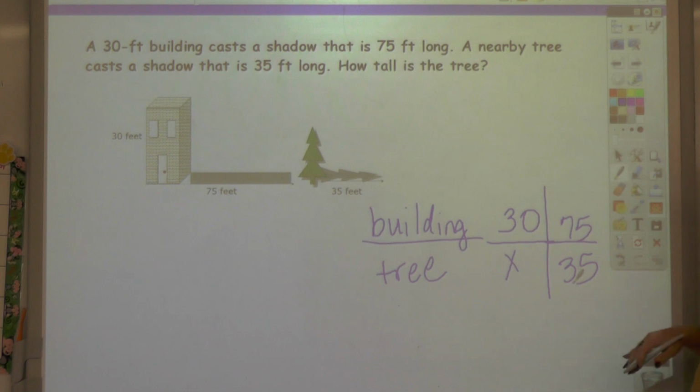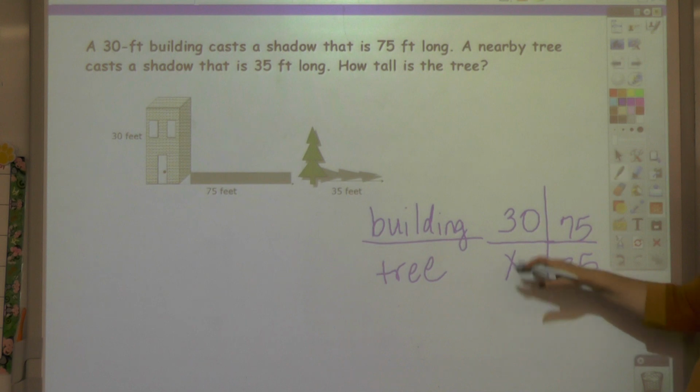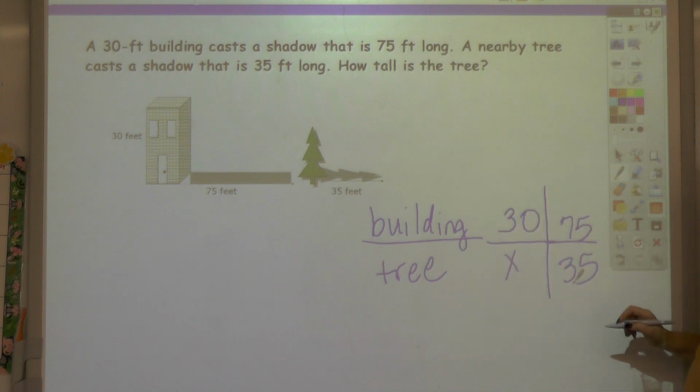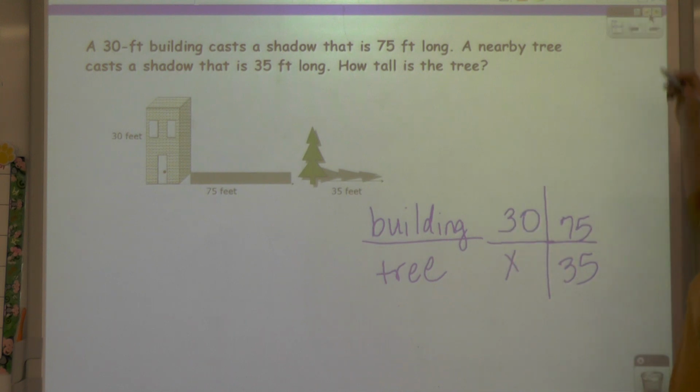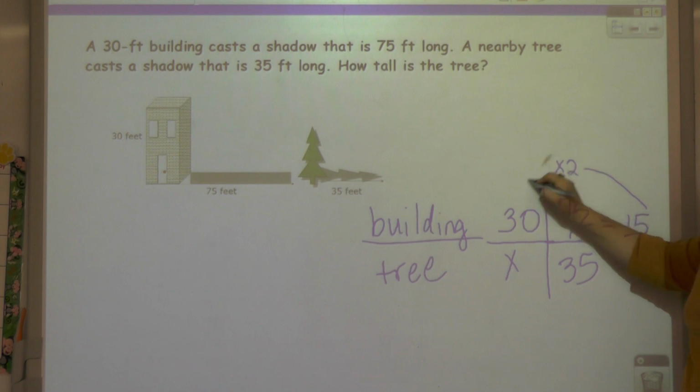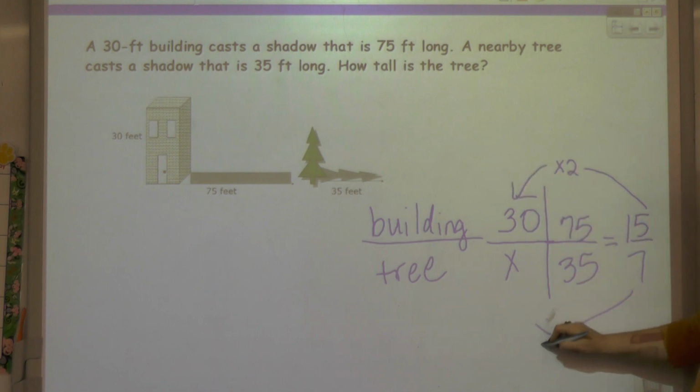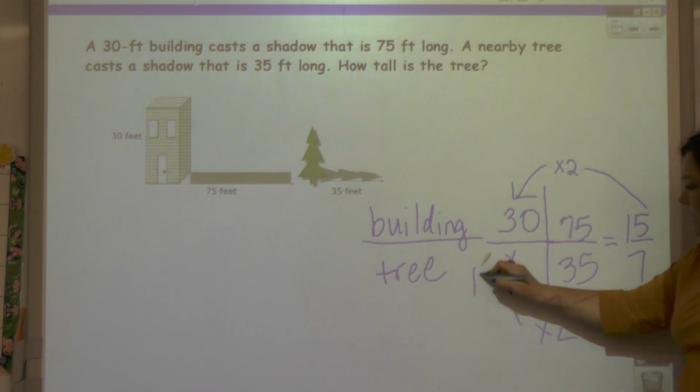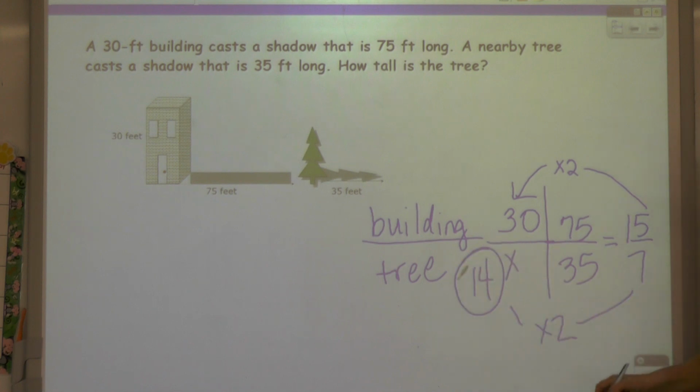And so we have to simplify before we multiply. This would simplify by 15 would be 5, and simplify by 5 would be 15, and simplify by 5 would be 7. So 15/7. And then we could go 15 times 2 is 30, and 7 times 2 is 14. So the size of the tree is 14.